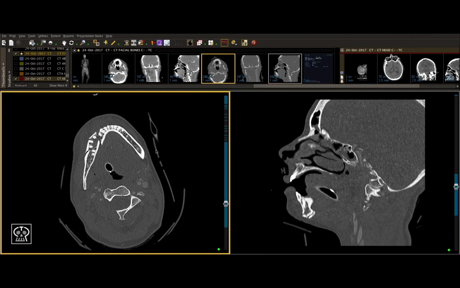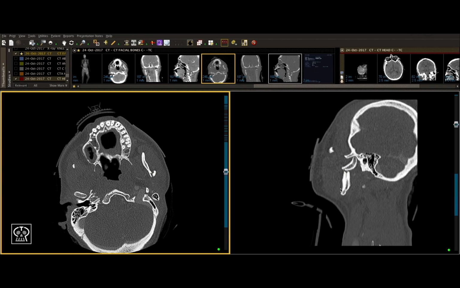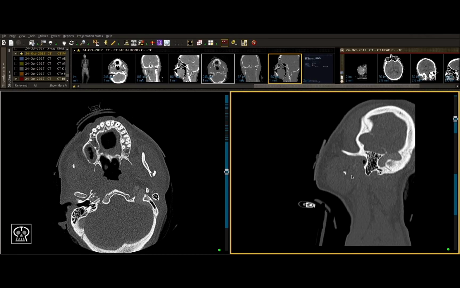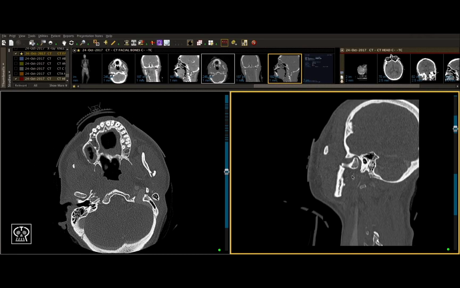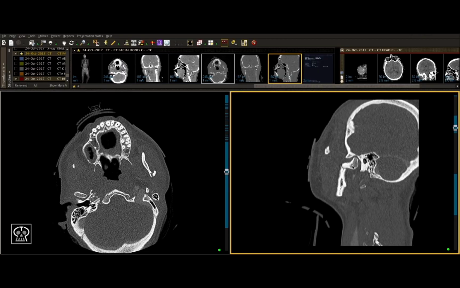In addition, we can now look at that fractured condylar neck, and from a sagittal point of view, it's very easy to see where along the neck of the condyle it's fractured. In this case, closer to the base of the condylar neck, rather than higher up or within the condyle itself.